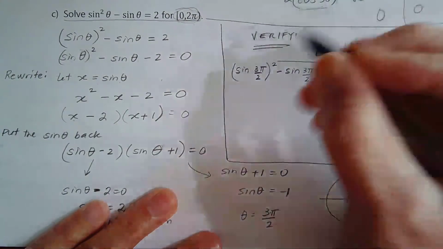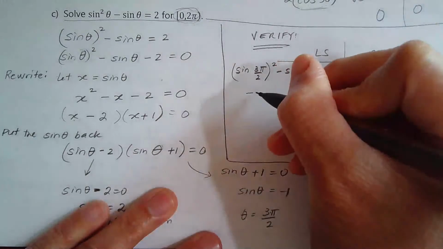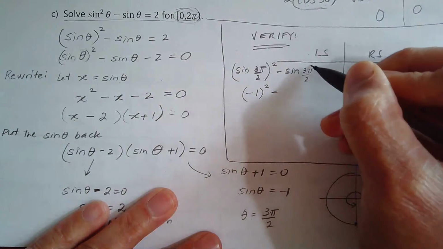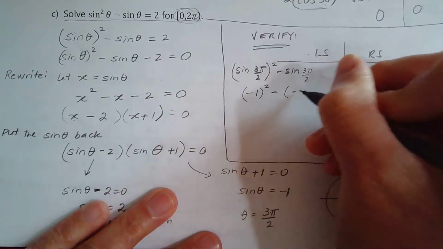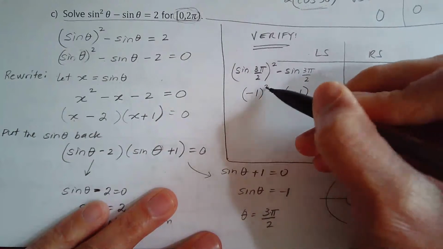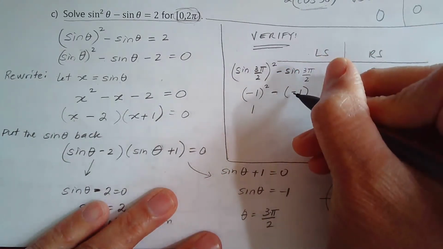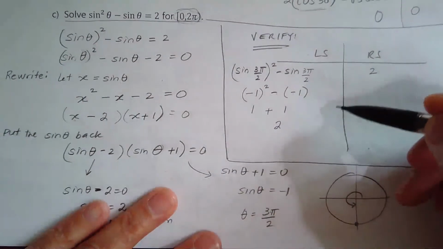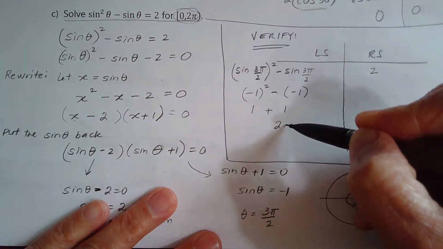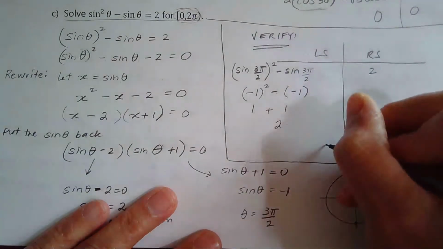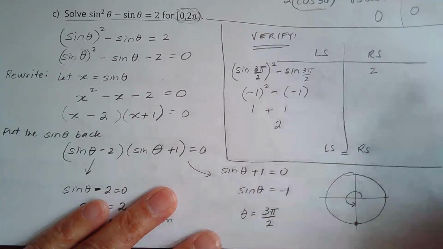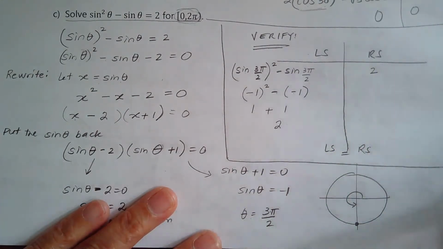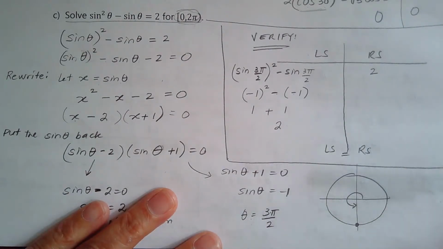Sine of 3 pi by 2 is negative 1. So negative 1 squared minus another negative 1. Negative 1 squared is 1, and negative times negative is a positive 1, so that equals 2. Left side equals 2, right side equals 2, so left side equals the right side, and that's a solution within 0 to 2 pi.